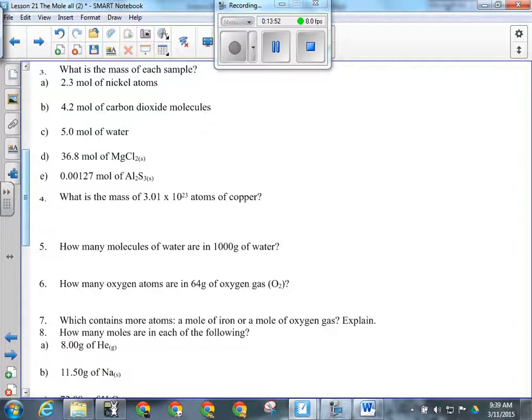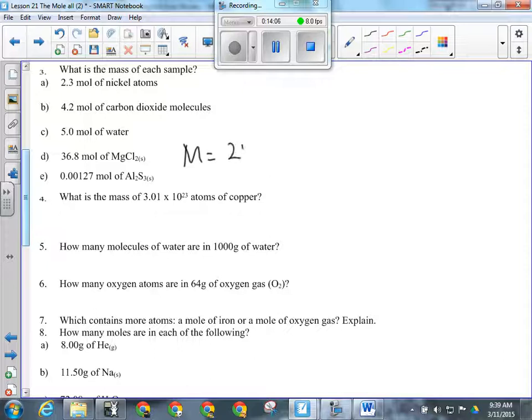Okay, so for 3D here, we're looking for the mass of each sample. So the first thing we got to do is find the molar mass of magnesium chloride. So big M is going to be, what's magnesium here? 24.31, plus 35.45 times 2. So we're looking at what, 99?